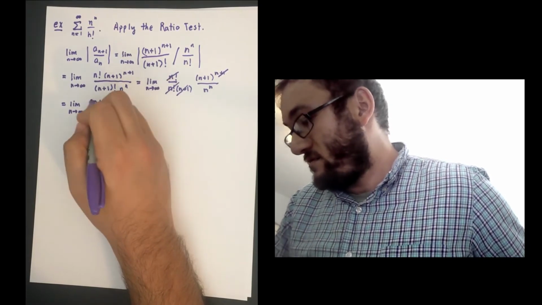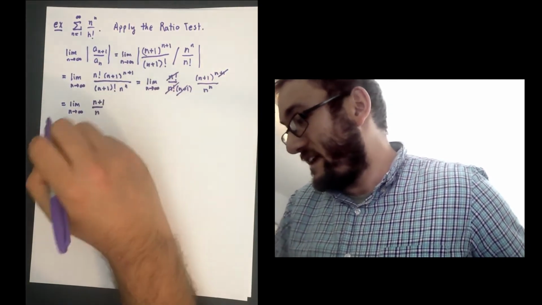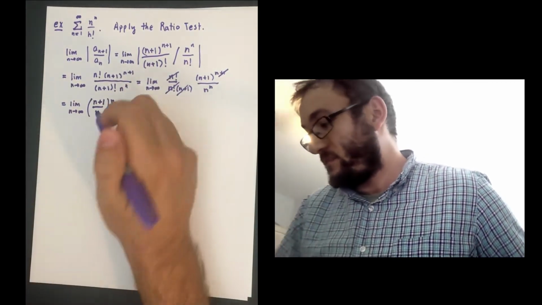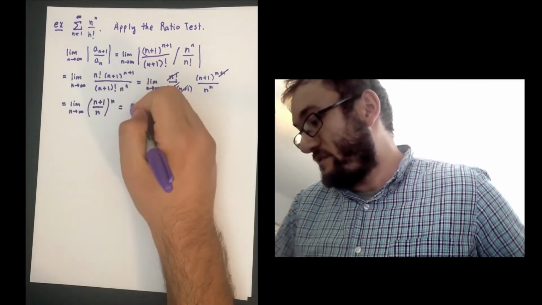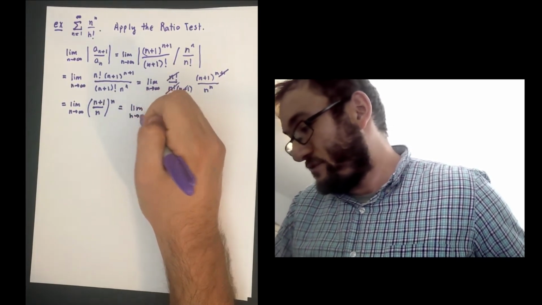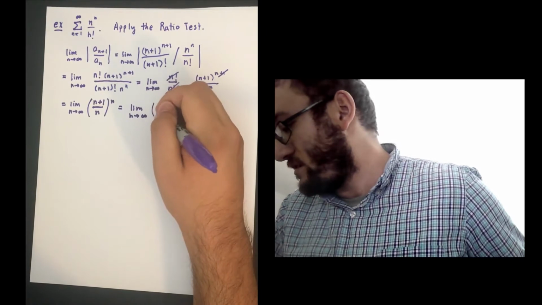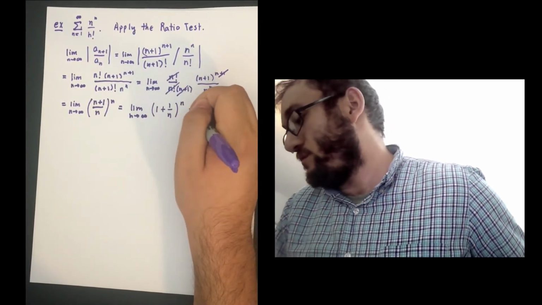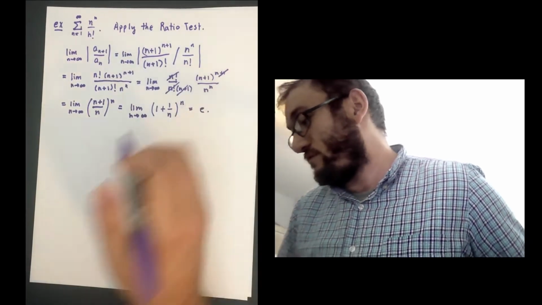divided by n. And both of these are raised to the nth power, so I can just include them in the same fraction. This might be a little more familiar in this form, as the limit as n goes to infinity of 1 plus 1 over n to the n, which is a classic formula for e.